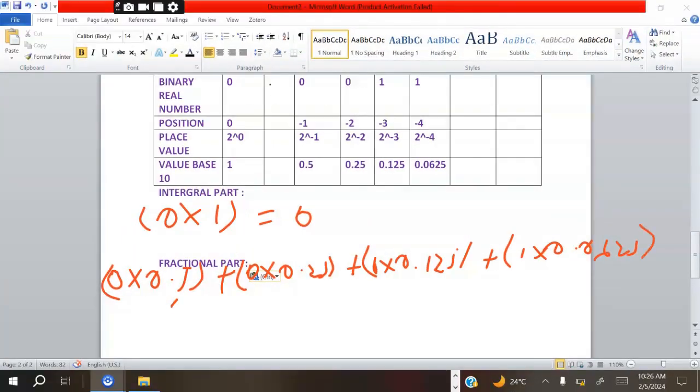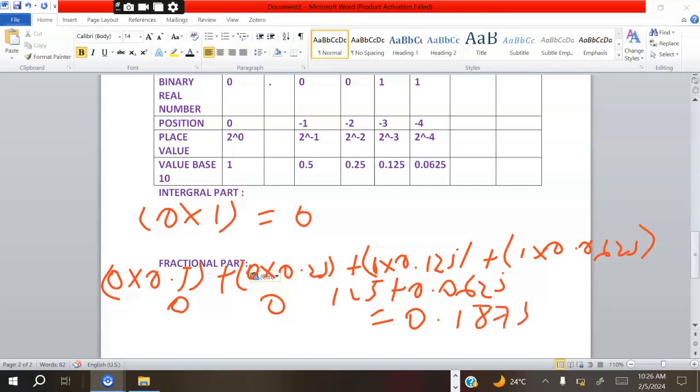Okay, so this is 0, this is 0, and the other part, this is 0.125 plus 0.0625, which is giving us a total of 0.1875.